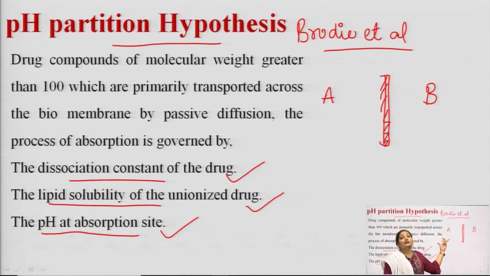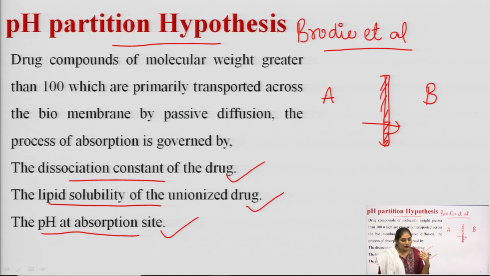The drug in unionized form will get transported across the biological membrane. The ionized drug cannot cross the membrane; only unionized drug having proper lipid solubility can permeate through this membrane until equilibrium is reached.